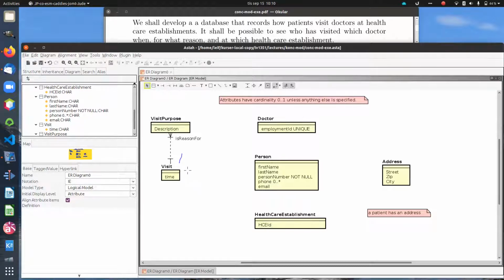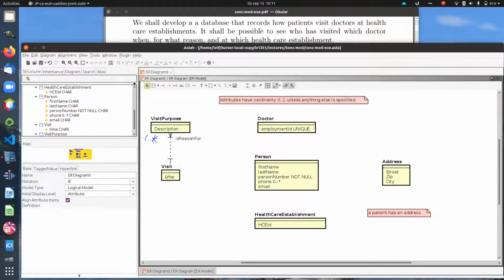This is of course also something we would have to discuss with the customer, as many other things. And then the cardinality at the other end is 1 to many, meaning that there is no visit without a purpose. You don't go to the doctor just to chat a bit, but there is a reason.